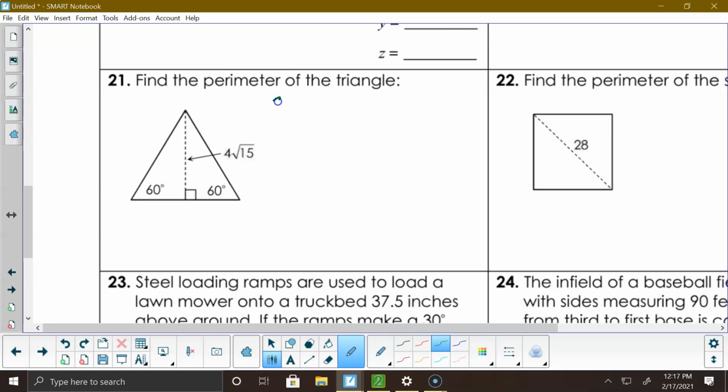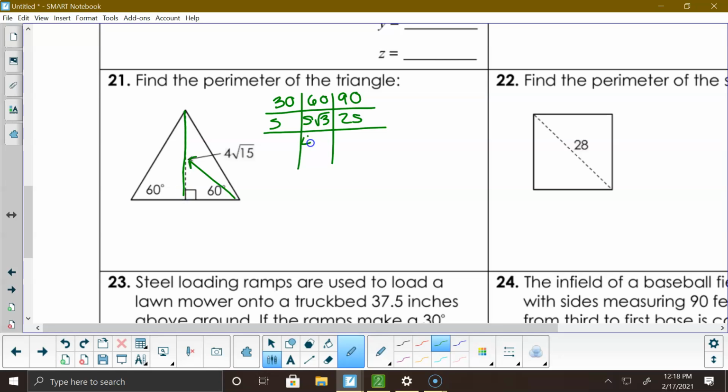So that 4 root 15, where's that going to fit? Under the 30, the 60, or the 90? So think in terms of the angle that it's across from as the spotlight that makes it. Does that make sense? So if I have a 60-degree angle and I open it up, whatever line I get from my light, that's what side it is.